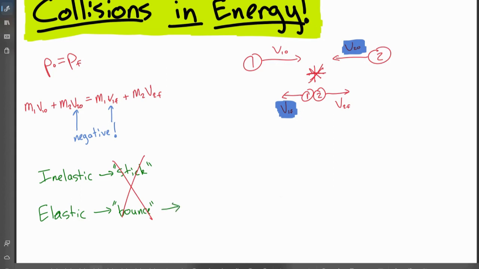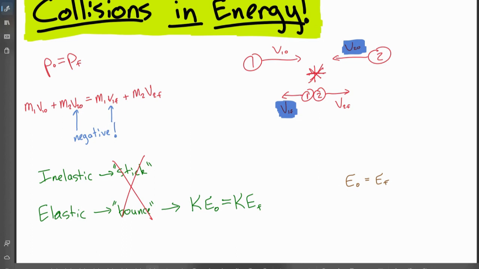Now that we're looking at this through the lens of energy, in elastic collisions, all the kinetic energy that the objects of the system have initially is equal to the kinetic energy that it has finally. We know this relationship, E initial equals E final, and it has to unless there's some amount of work done.